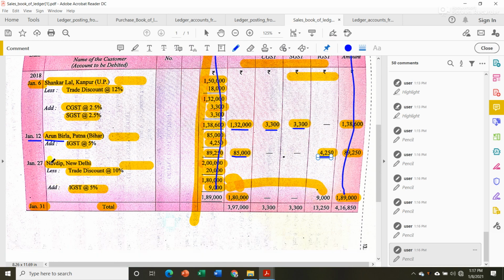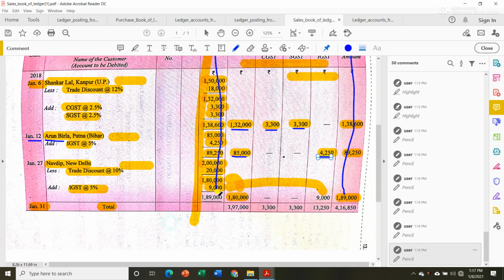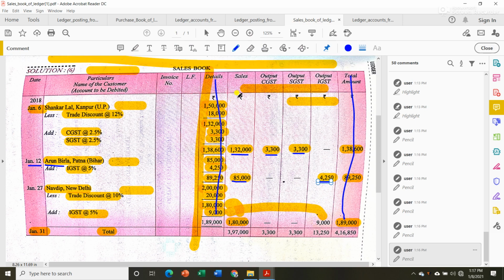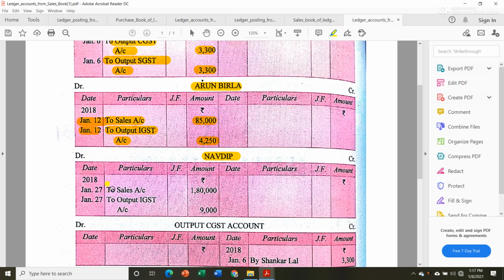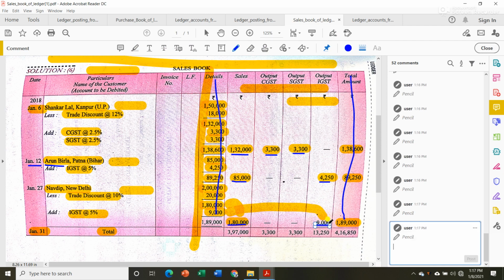Now next is our Navdeep from New Delhi. So we will see in Navdeep's ledger account. First amount is appearing in sales column. So we will write 'To Sales' 1,80,000. Then next amount is appearing in the output IGST column.